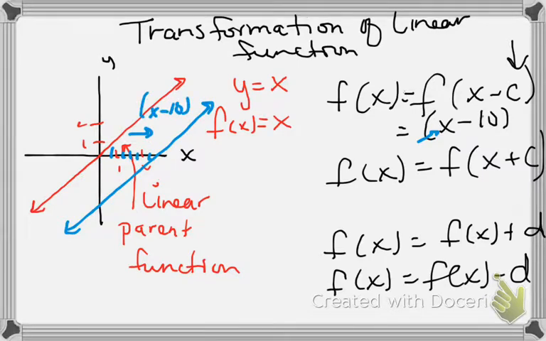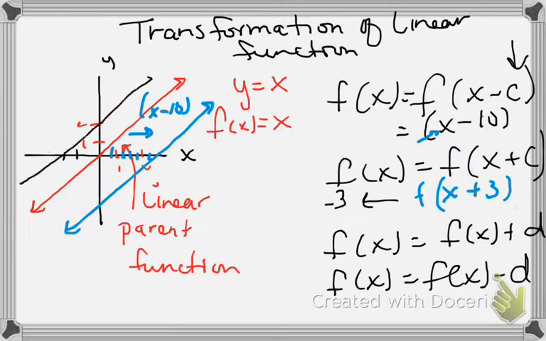All right? If it's a plus, for example, if it says x plus 3, and I'll do a different color, black, we would shift it to the left 3 because negative 3 is going to give us a 0 inside the parentheses. So I'd go 1, 2, 3, and I'd have a negative 3, which would be right here.